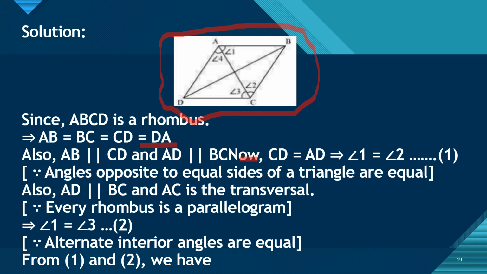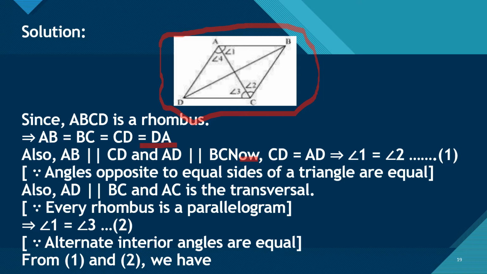Now CD is equal to AD, so angle 1 is equal to angle 2, the first equation, because angles opposite to equal sides of a triangle are equal. Also AD is parallel to BC and AC is the transversal, since every rhombus is a parallelogram. So angle 1 equal to angle 3 is equation 2, alternate interior angles are equal.